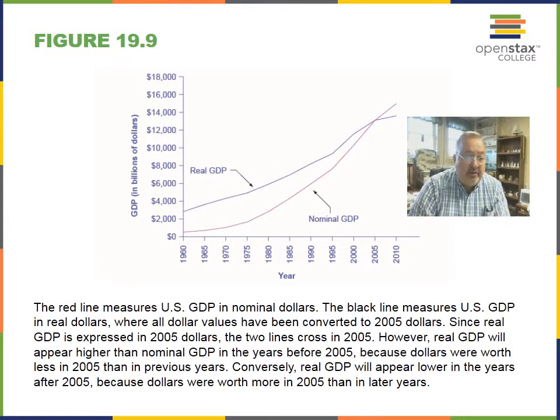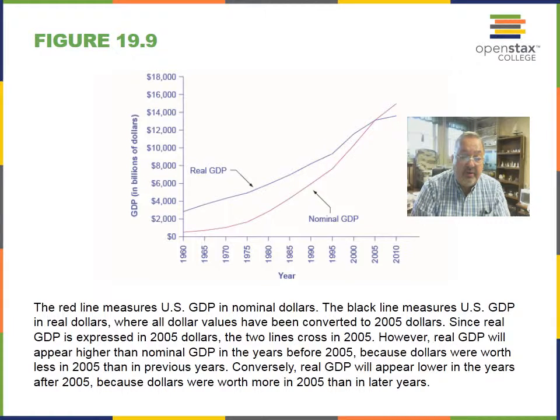In this slide, we're showing real GDP and nominal GDP. Real GDP is adjusted for inflation. We have a base year when we talk about real GDP. In this particular example, the base year is 2005. So we're adjusted to 2005 prices. The prices after that are adjusted for inflation to the 2005 prices.